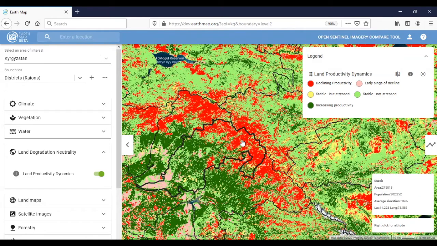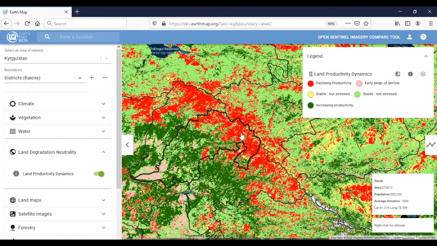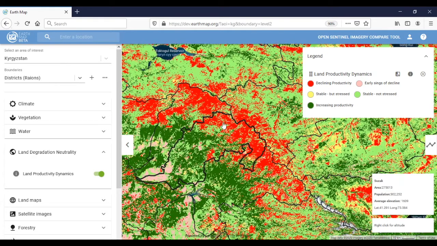And land productivity dynamics can indicate that climate change impact in this area will be exacerbated. So we see that in Susak, this district that covers a mountainous region, partly, the decline of productivity is in this mountain region in the district.